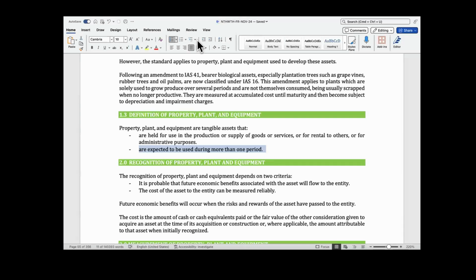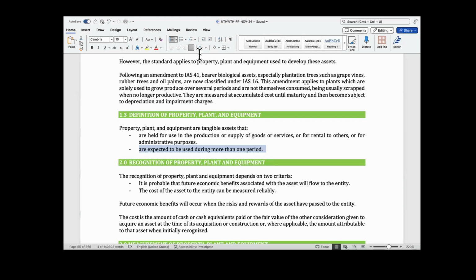But as an FAR student, a financial reporting student, you have to be comfortable with this definition and understanding of the concepts around this definition of PPE. A tangible asset held for use in the production or supply of goods or services, rentals to others, or for administrative purposes.